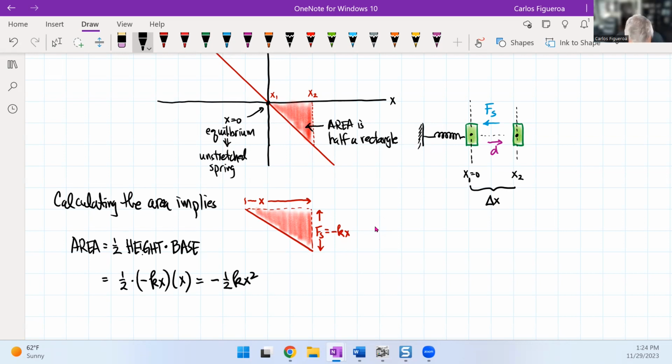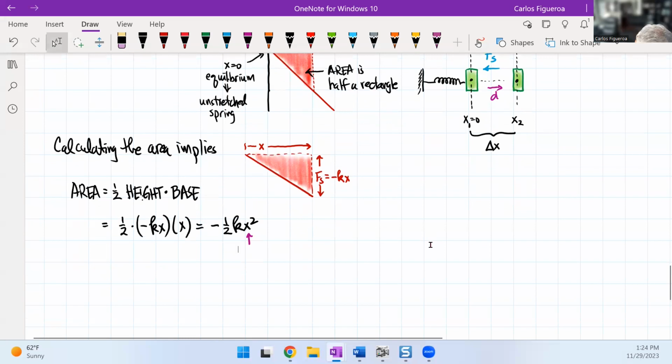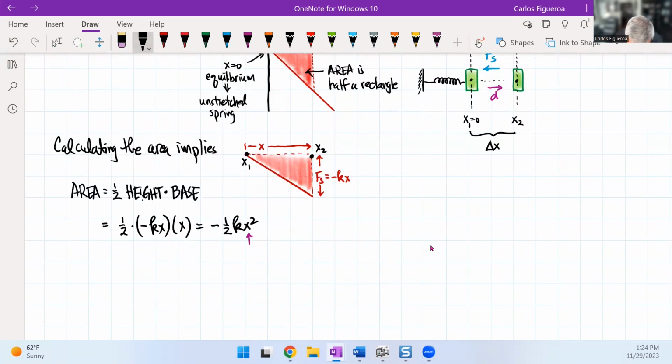But let's be careful here, because I have to adjust x right here. We call this point x1, and we call that point x2.